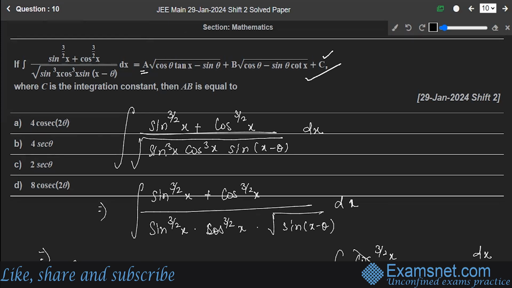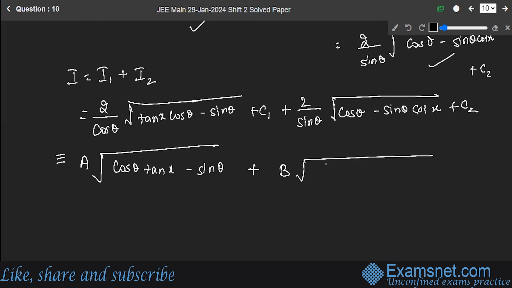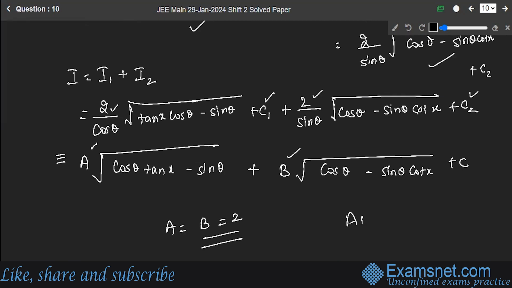We need the values of A and B. Comparing with the general form, A root of cos theta tangent x minus sine theta plus B root of cos theta minus sine theta cot x, A is equal to 2 and B is also equal to 2. What do you have to find out? A into B, 4. That's it.